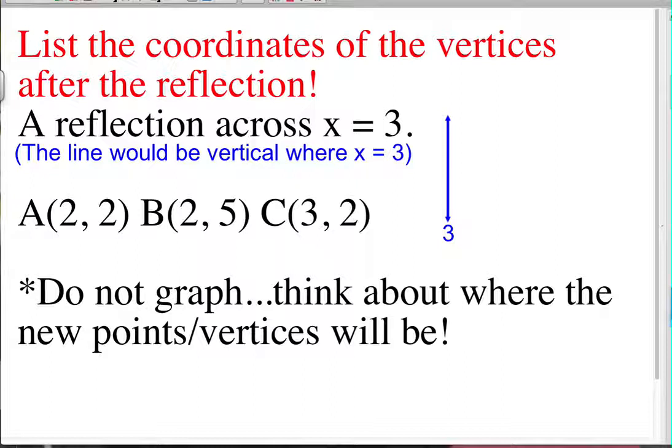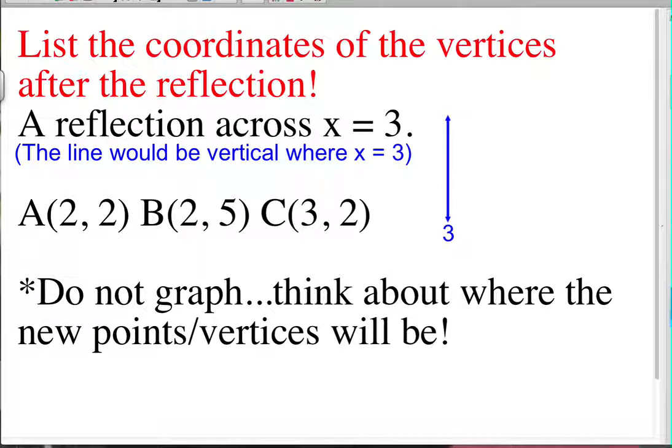Now this one's interesting because in this particular example, they really don't even want you to draw it out. So they're asking you to really think hard and use your brain. It just says list the coordinates of the vertices after the reflection. So they give you a shape here, ABC. It's got 3 corners, so we know it must be a triangle.